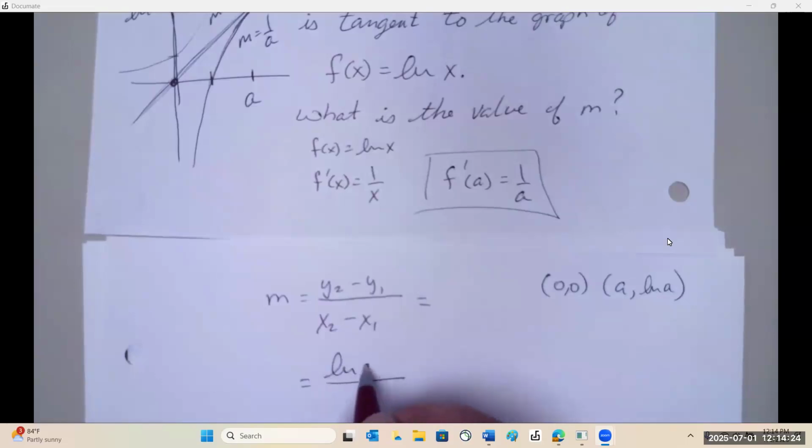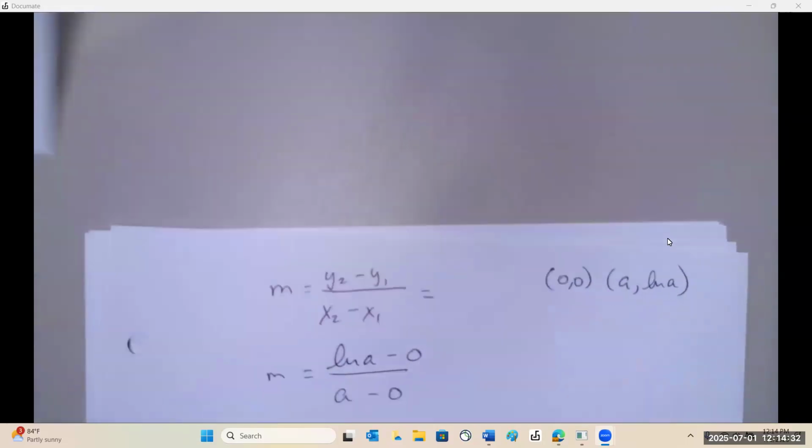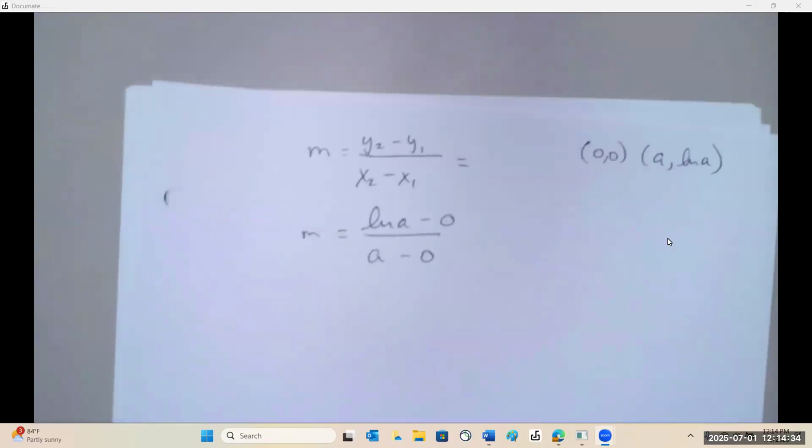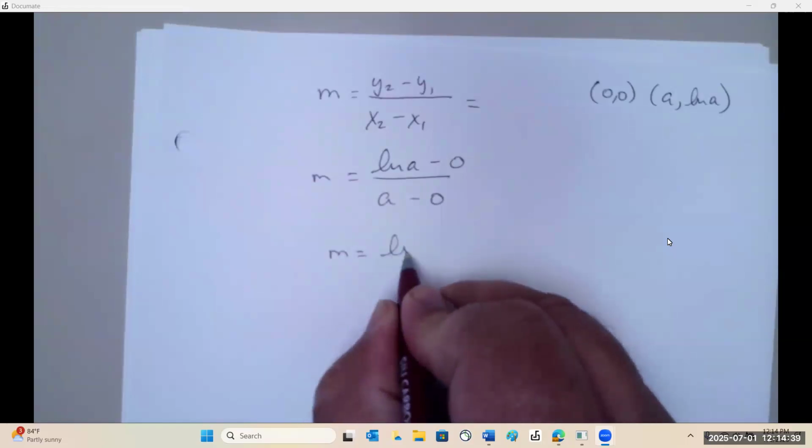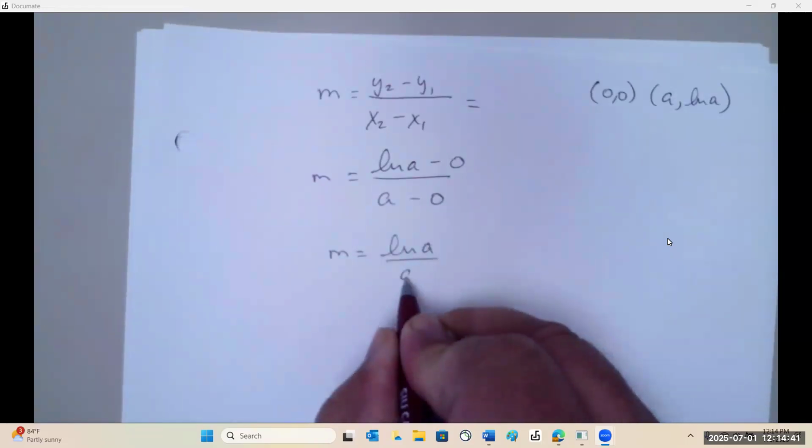So ln a minus 0 over a minus 0. So the slope of the line is equal to ln A over A.